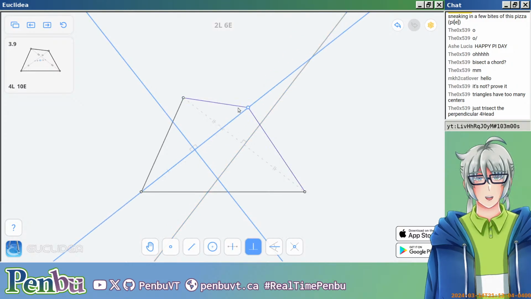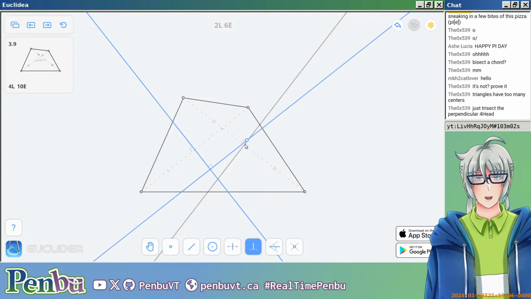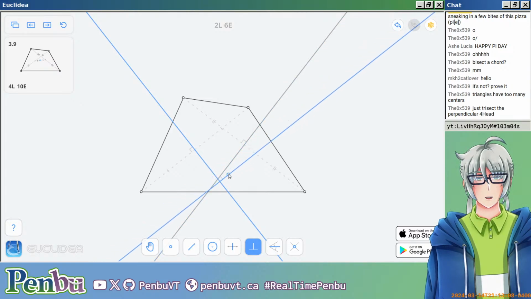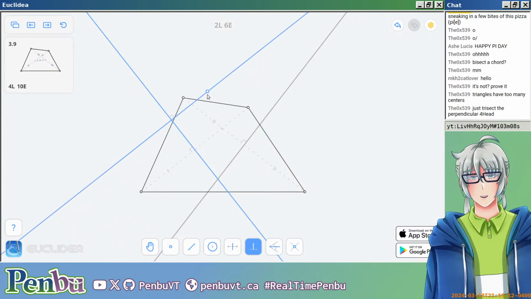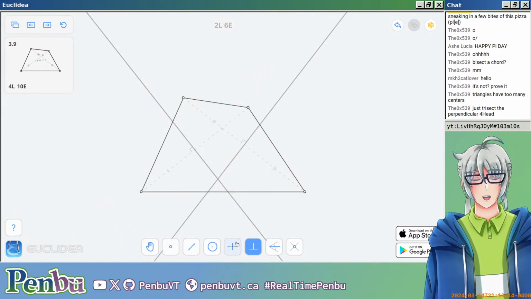I'm going to draw perpendiculars to, maybe that doesn't actually do anything either. What happens if we drop a perpendicular from here to this line?